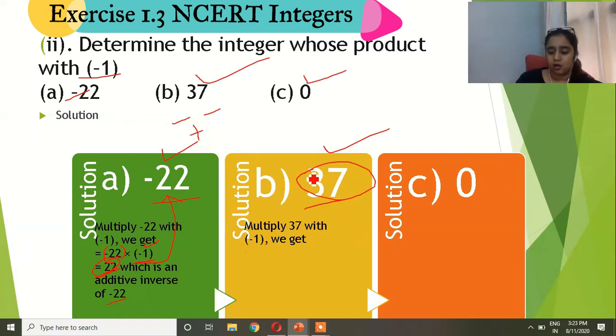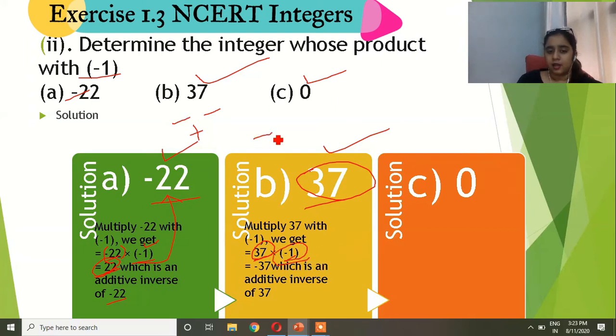What number will we get? We will multiply 37 by -1, and here we will apply the rule of multiplication. If I multiply 37 by 1, I will get the answer simply 37. But the point is plus 37 or minus 37. Here I will apply the rule of multiplication, and 37 is a positive number and -1 is a negative number.